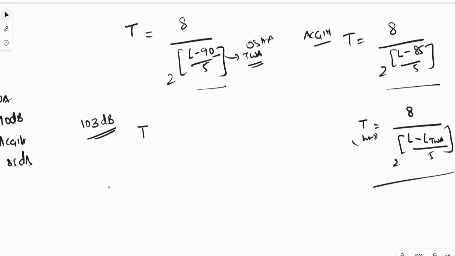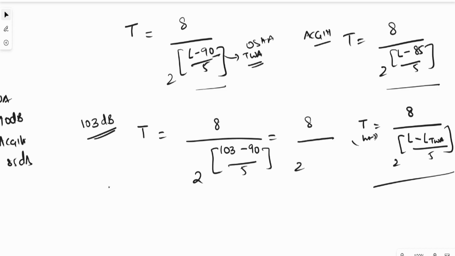So if we need to calculate the time, it is 8 divided by 2 to the power of (103 dB minus 90) divided by 5. That is equal to 8 divided by 2 to the power of 13 divided by 5. 2 to the power of 13 by 5 is approximately 6.06.